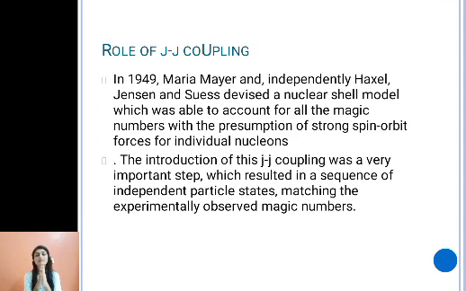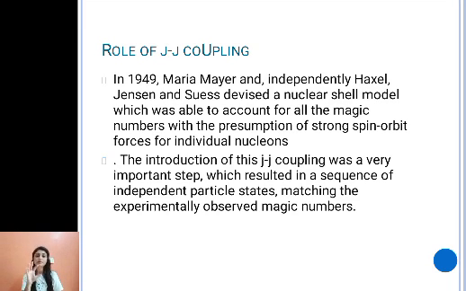In 1949, Maria Mayer and, independently, Haxel, Jensen, and Suess devised a nuclear shell model which was able to account for all the magic numbers. Earlier, they were able to explain only the first three magic numbers, but later on they were able to account for all of them with the presumption of strong spin-orbit forces for individual nucleons.